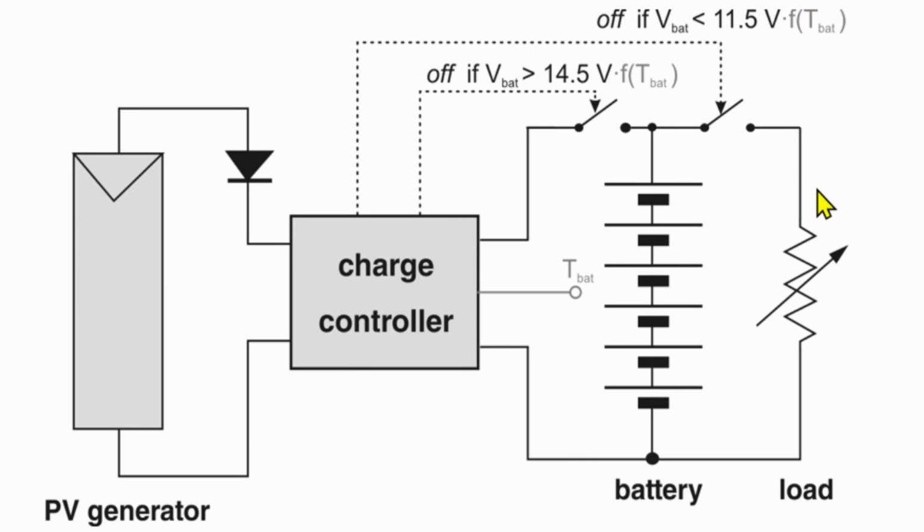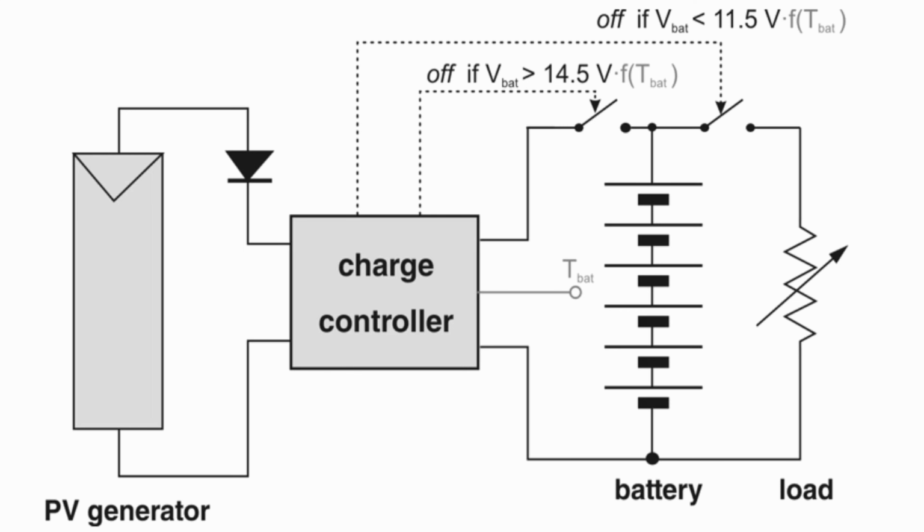So first is to avoid deep discharge of the battery. So he will disconnect the load in case of low voltage of the battery. For example, if you use a 12-volt battery, here it's typically 11.5 volts, the threshold. And on the other hand, the charge controllers avoid overcharge of the battery.